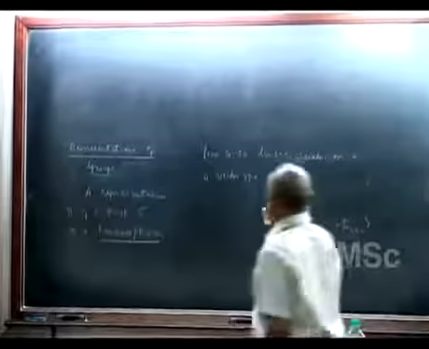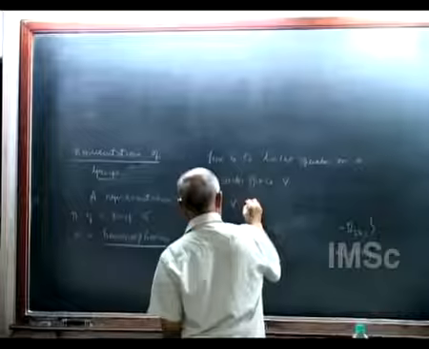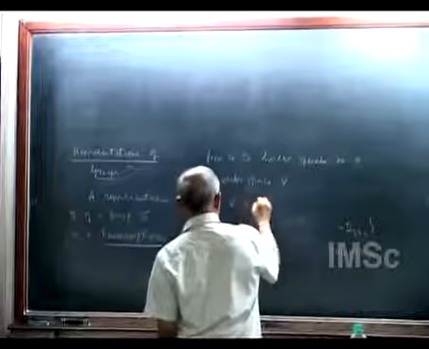So, V will be a complex vector space unless we state otherwise.